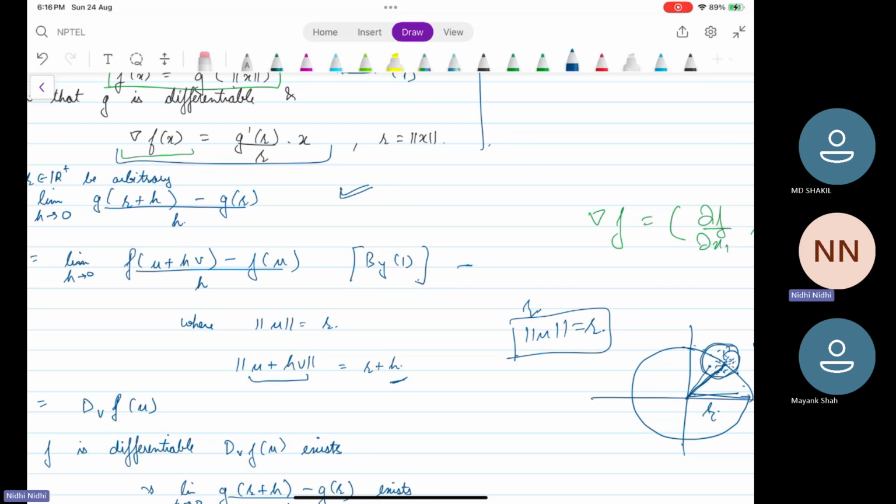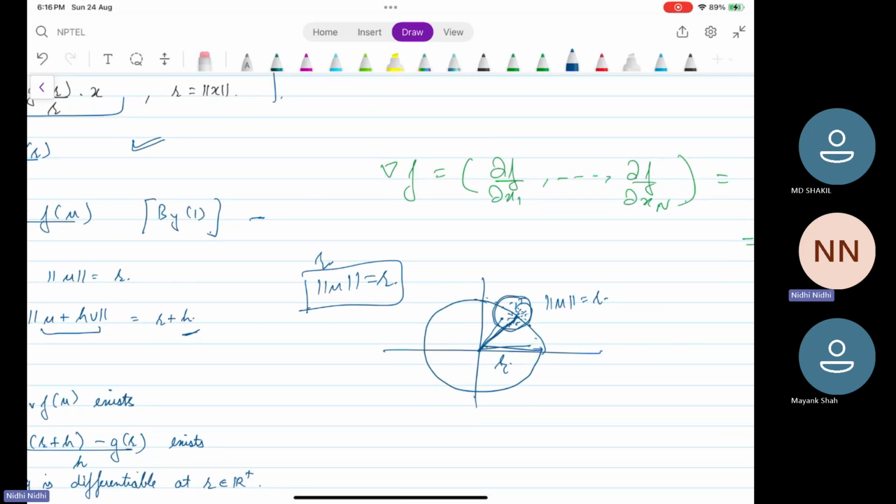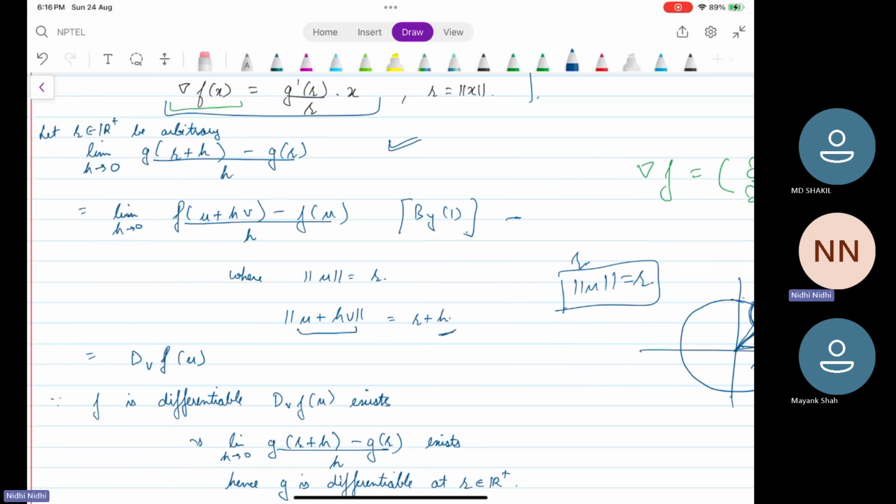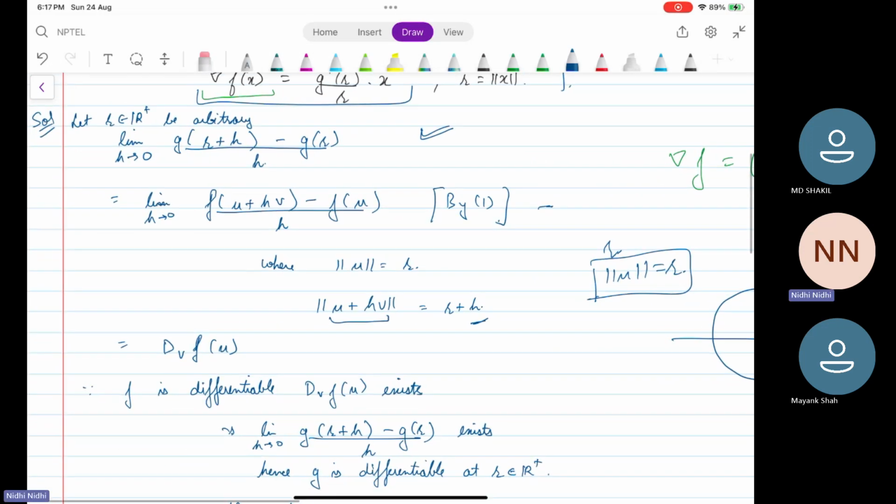We are actually translating it near to u. It can be somewhere here also, but when we multiply it with a very small h, we are eventually translating it to here. So yes, the idea is the same. We need to be near u, and then again use the differentiability.